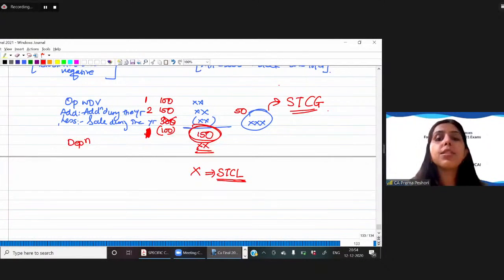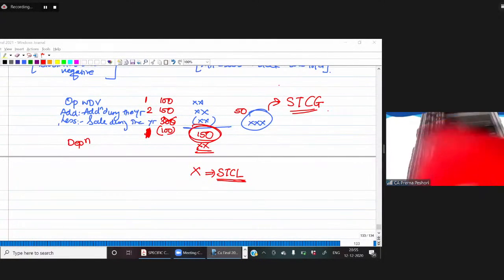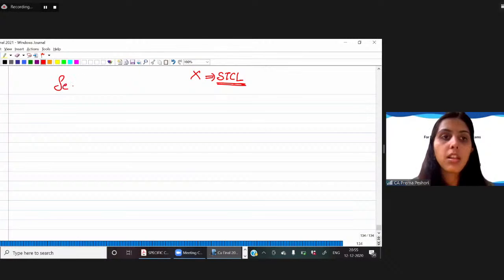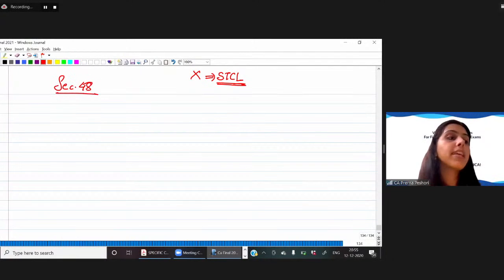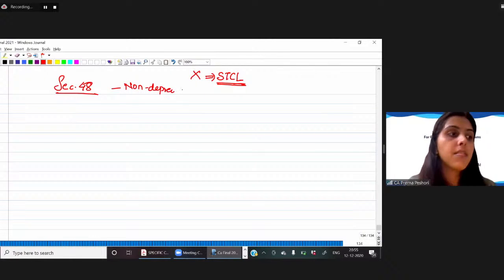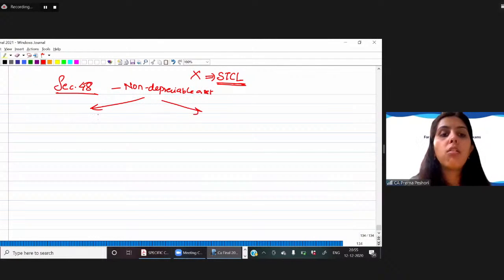Okay, let's proceed further. So this was with regard to depreciable asset. For other assets, the computation is provided under section 48. What does section 48 say? Capital gain in case of non-depreciable asset. You have long-term capital gain and short-term capital gain, depending on your period of holding.